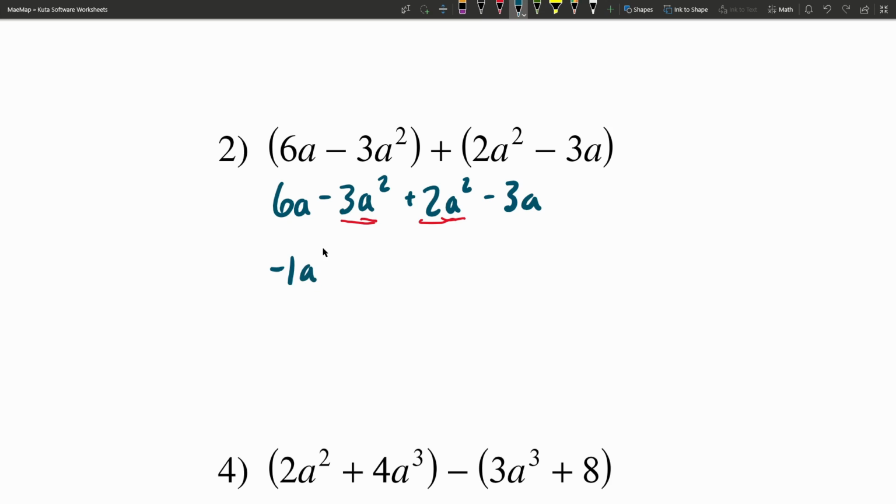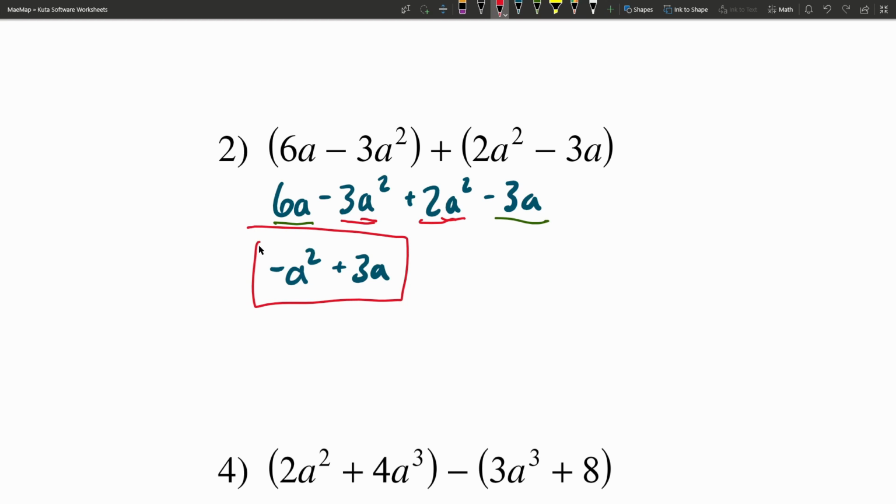And a -1a squared we could just write as -a squared. Now combining our next terms, 6a minus 3a, 6 minus 3 is 3, so that's a 3a that gets added to -a squared. And there we have it, our simplified expression.